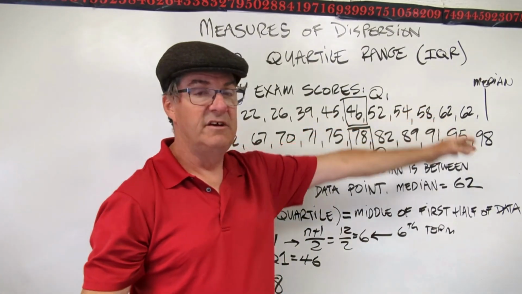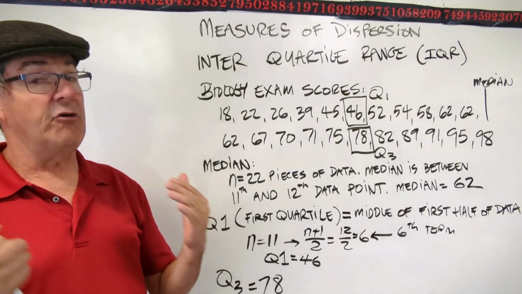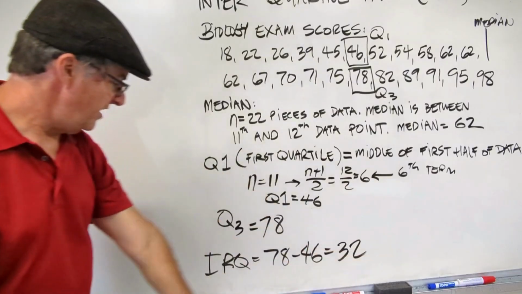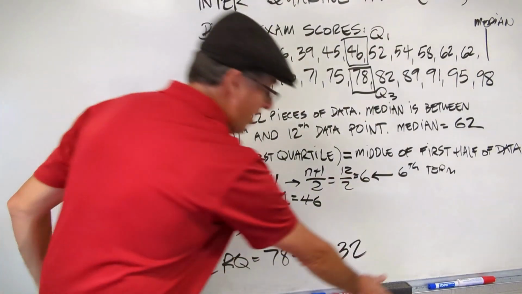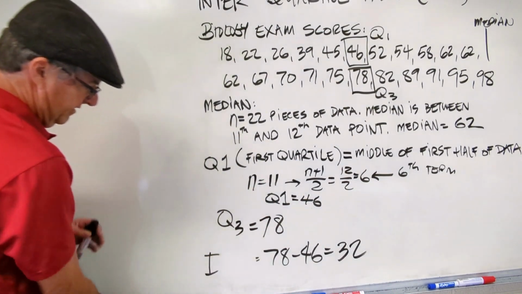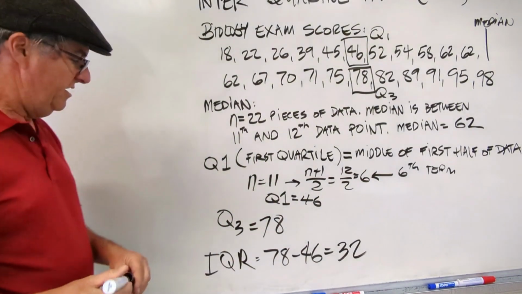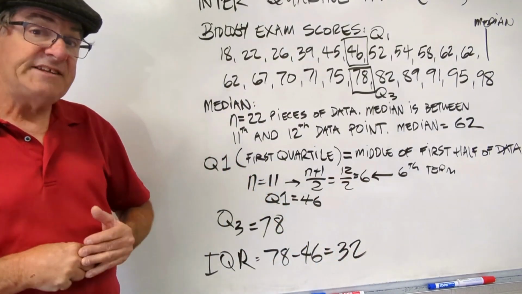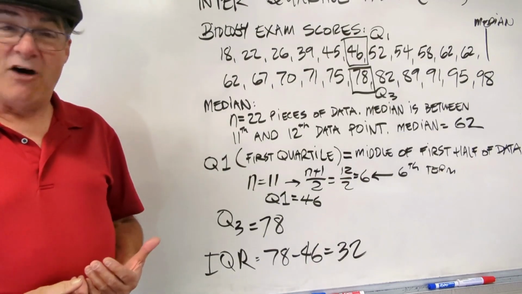So if you remember from the last board, the interquartile range is Q3 minus Q1. So that's what I've done here. IQR, interquartile, oops, it's IQR. Let's get that right. IQR is 78 minus 46, or 32. Now that's a measure of the spread that excludes any outliers.